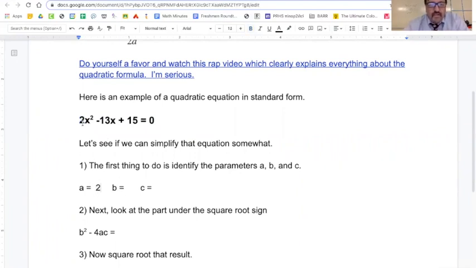Remember that if there isn't a number in front of a variable, the number is 1, not 0. Very important. Here, b is negative 13, so this is subtract 13x. That means that the value of b is negative 13. That's going to come into play very soon. And c, the constant, is 15.